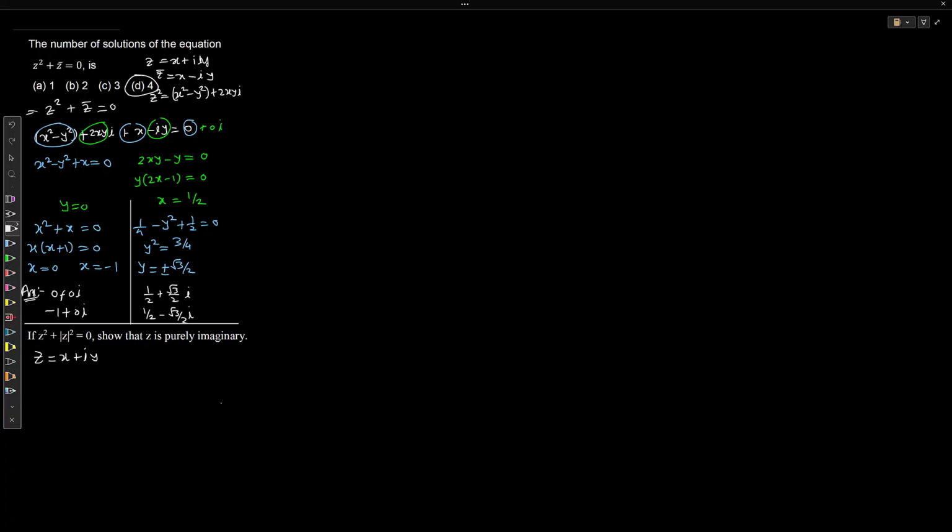So we need two things. First, z square, which is x square minus y square plus 2xyi, and modulus of z, which is under root of x square plus y square. So let's use this data in our equation.